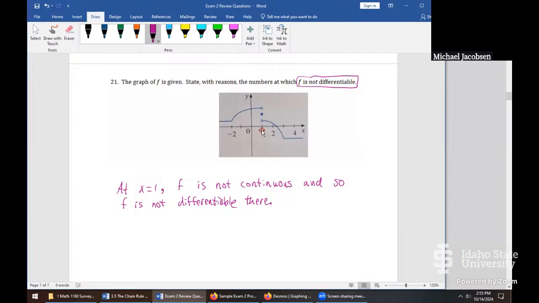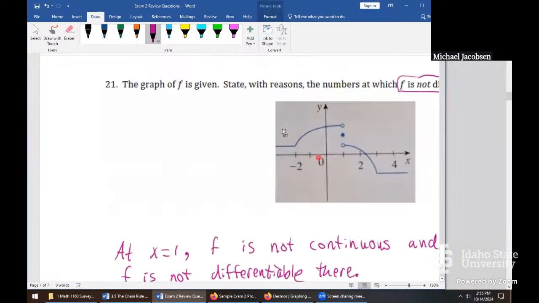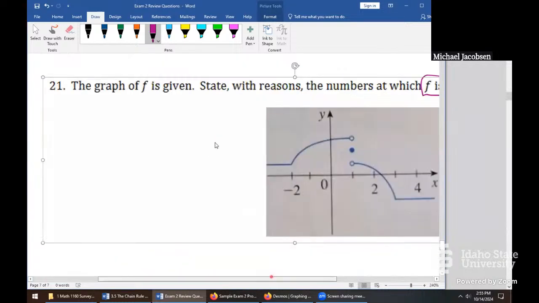So the idea with differentiability is it's a type of smoothness condition on your function itself. If your function is differentiable, you should have a curve looking like this. The segment right here where the red is.